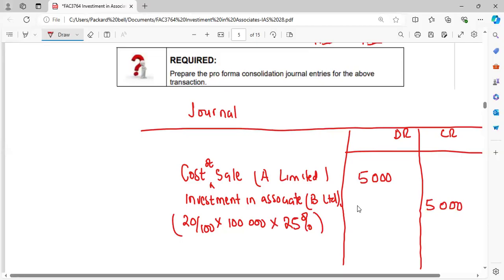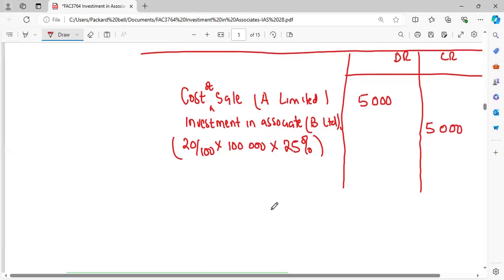Then the tax effect, we reduce profit here. So the double entry for the tax effect is going to be what? I want you guys to understand this double entry. We reduce profit here by 5,000. So what is going to be the tax effect here? The tax is going to reduce also. Yeah, we reduce tax as well.